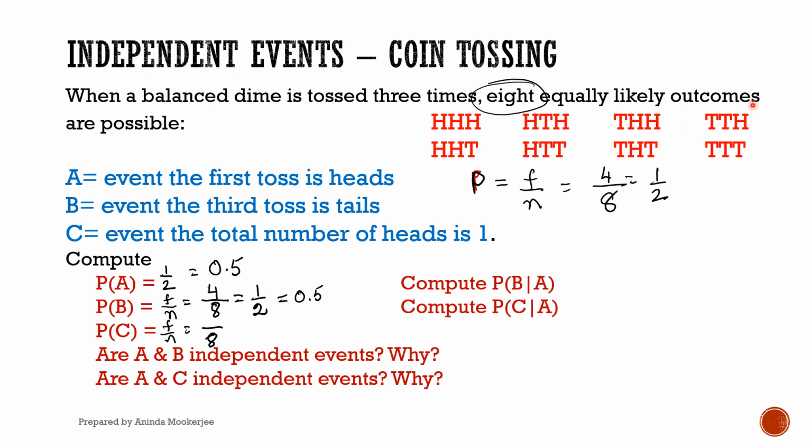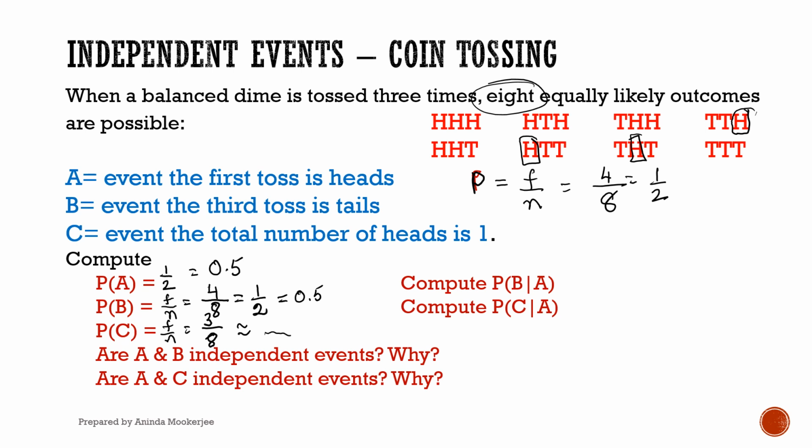So does this one. This one here has heads as 1. This one doesn't, but this one does. This one does, right? So 3 out of 8. There are 3 ways in which we can have a total number of heads as 1 in 3 tosses. So it's going to be 3 upon 8. Okay, 3 upon 8, you have to find what the decimal value is.